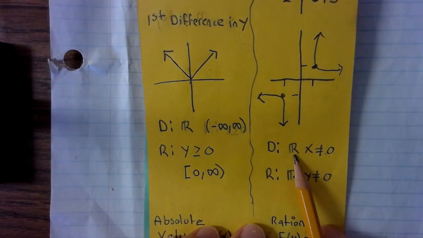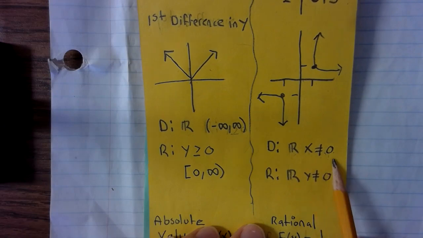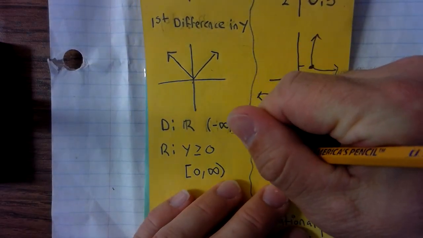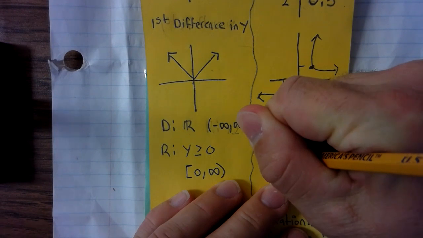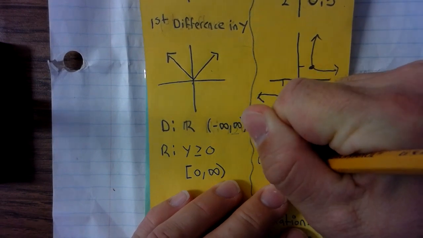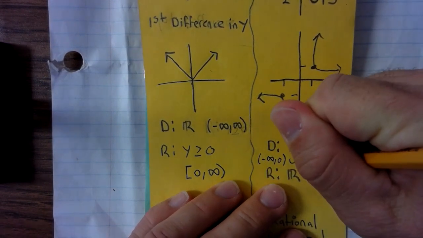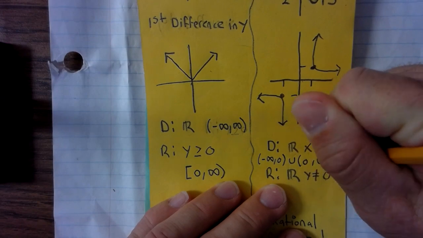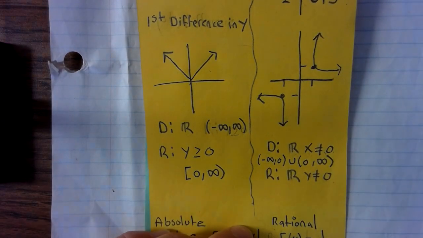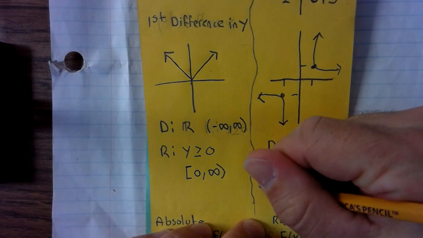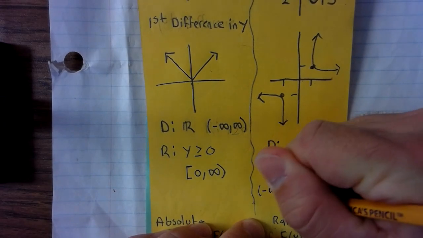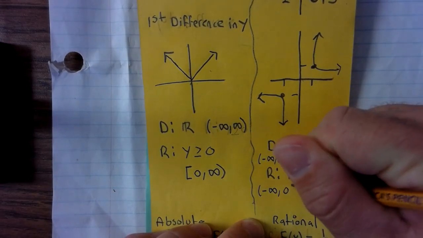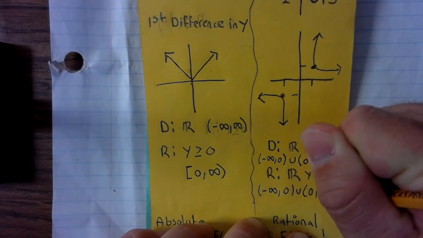Here, it's all numbers. X does not equal 0, but we're going to write it as from negative infinity to 0 or 0 to positive infinity. And that would be your acceptable answer. Okay? So from negative infinity to 0 or 0 to infinity.